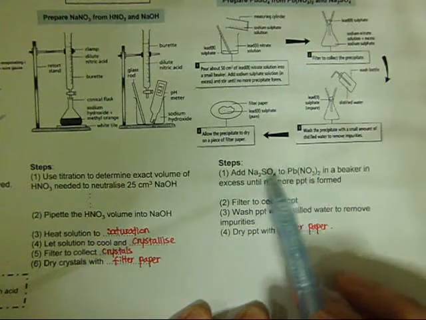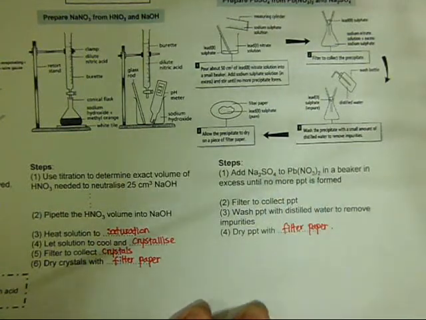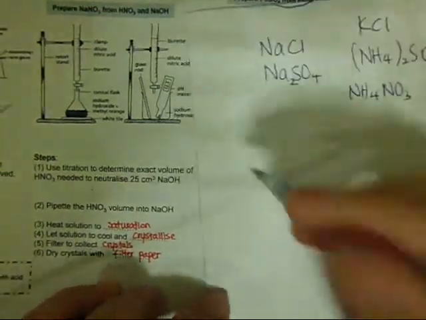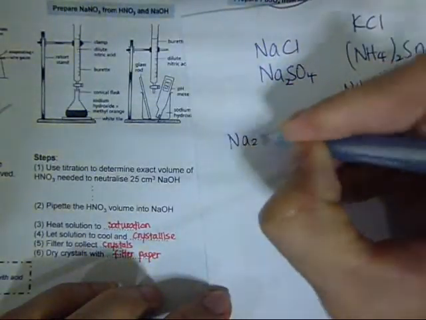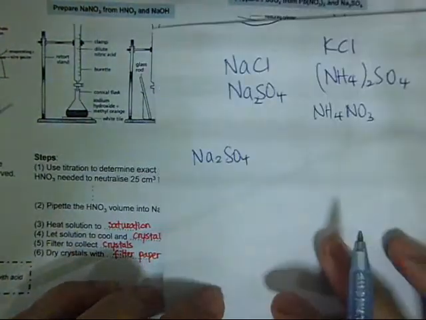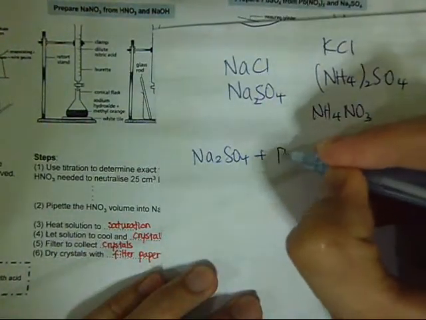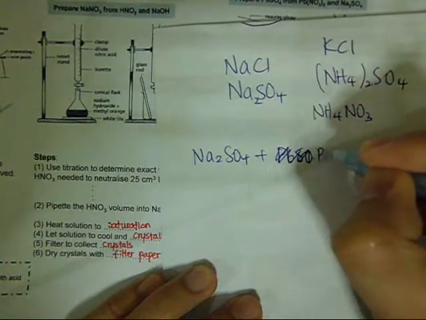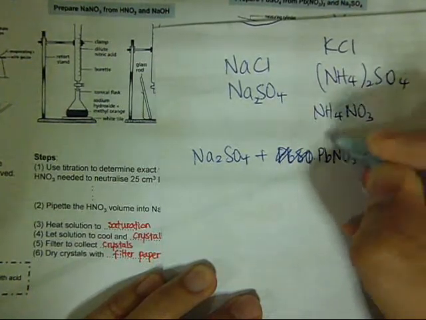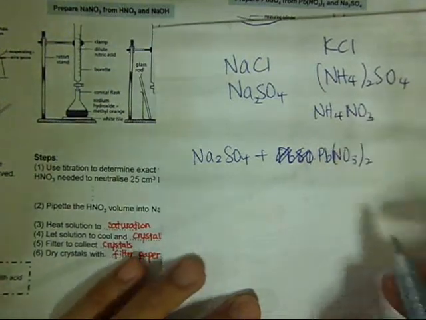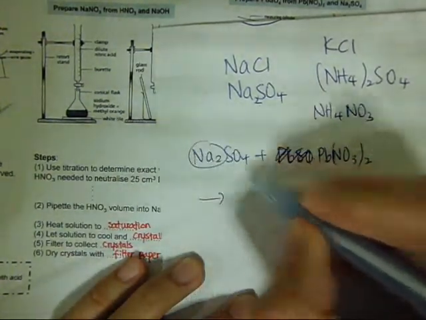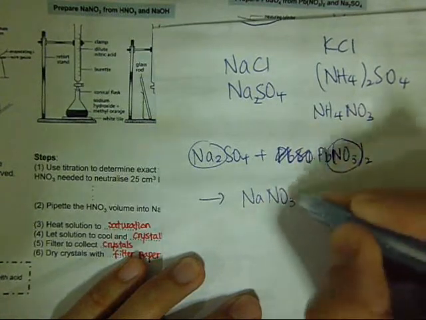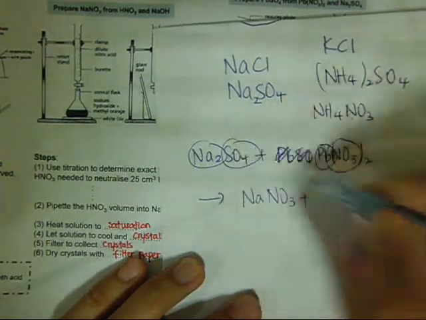When Na2SO4, sodium sulfate, is mixed with lead-2 nitrate, what you get is sodium nitrate as well as lead-2 sulfate.